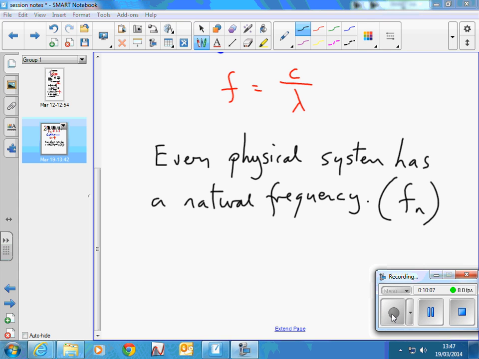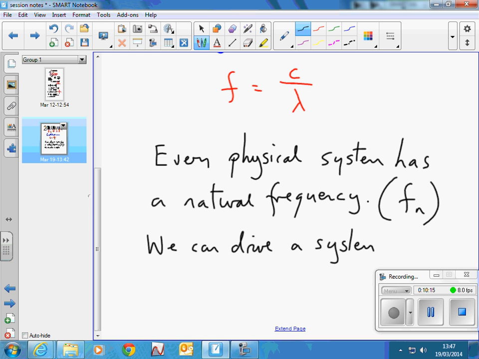We can drive a system at any frequency we like. So I was making the slinky spring pulse at any given frequency. Any physical system, we can drive it at any frequency we like.